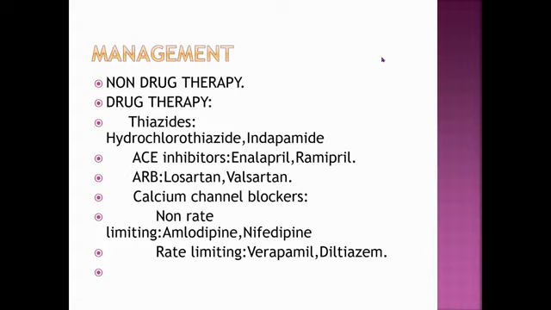Both are the evolutionary discovery or invention of antihypertensive drugs. Their main advantage is that they cause cardiac remodeling of the myocardial cell, and they also have a renoprotective effect.